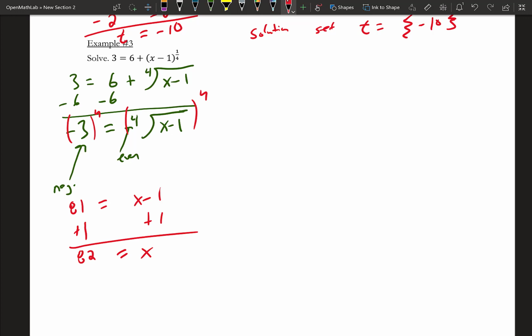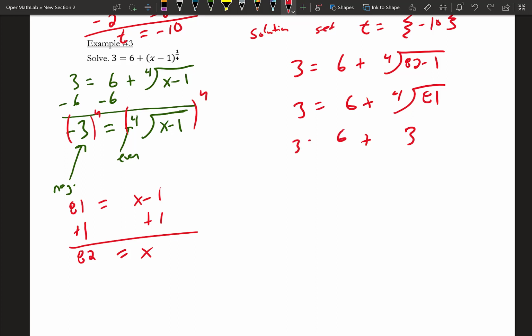So then if I try that solution, 3 equals 6 plus the 4th root of 82 minus 1, this would give me 3 equals 6 plus the 4th root of 81. The 4th root of 81 is 3. So I get 3 equals 6 plus 3. 6 plus 3 is 9, and those aren't equal.